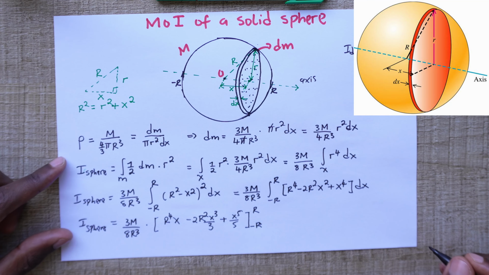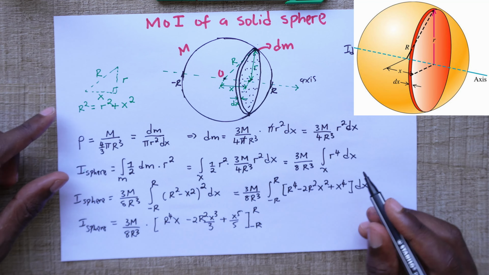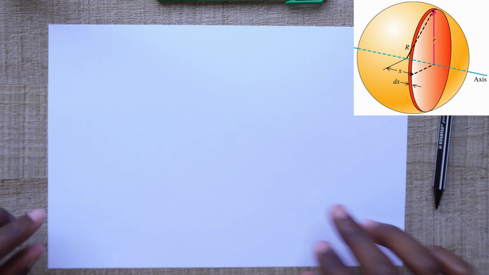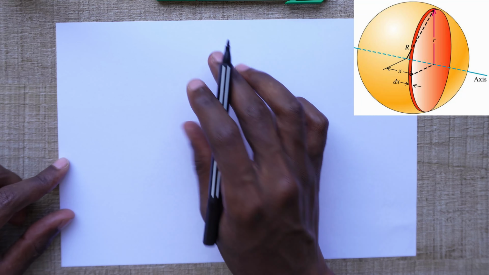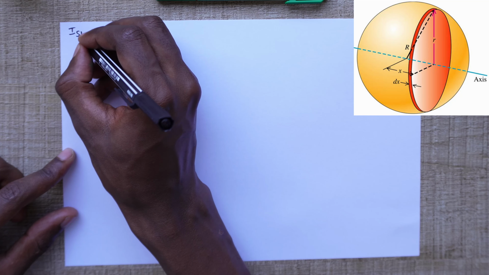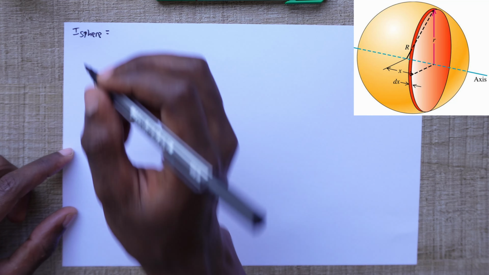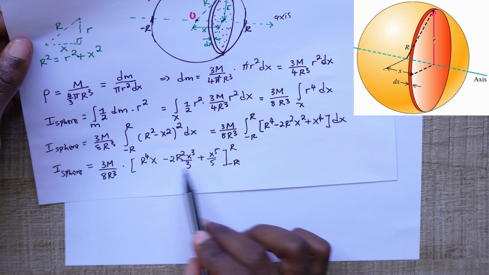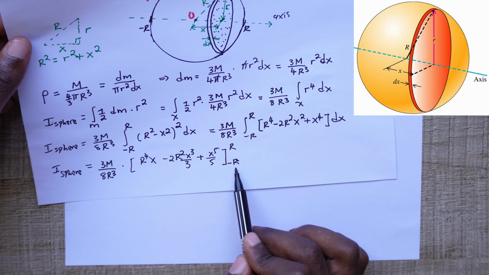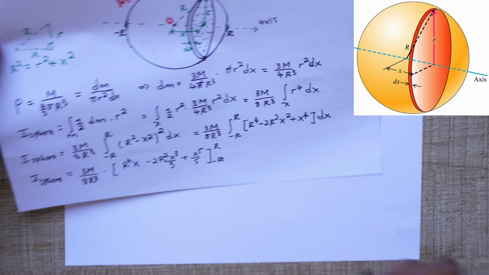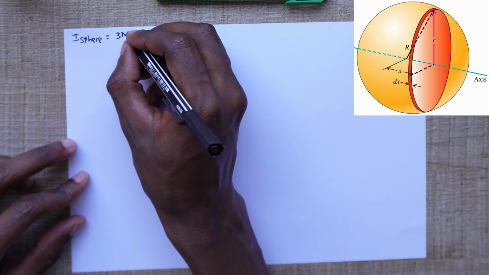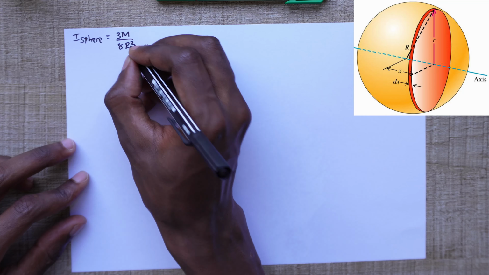Okay, so to simplify these, I think I'm going to take another sheet of paper. So to simplify that, I sphere equals, so here we just apply the boundaries of integration. We substitute capital R and then negative R. So we have 3m over 8R cubed.